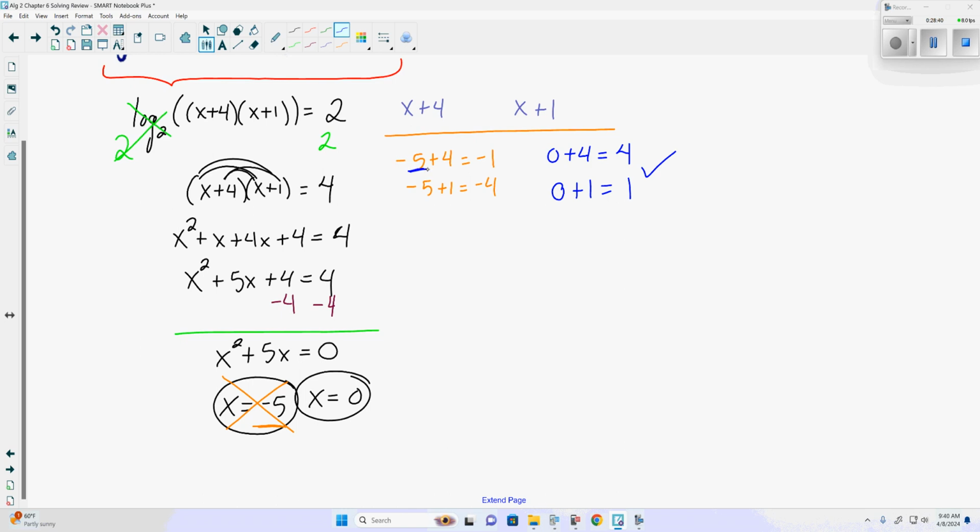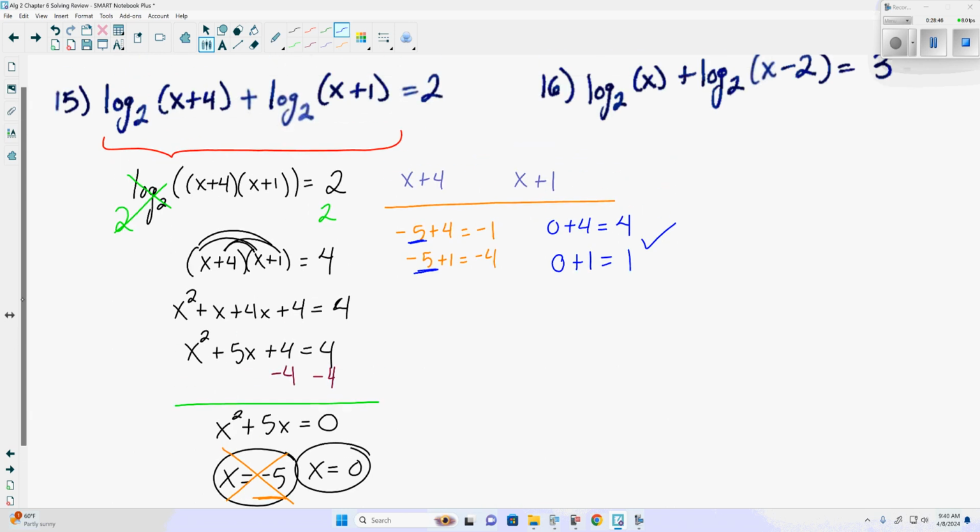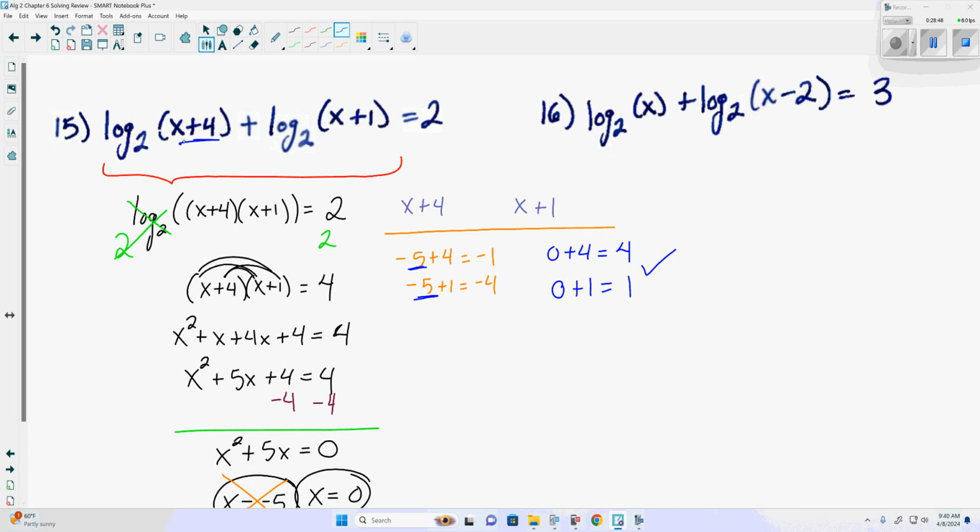Because the x value that we got for the solutions, one of them was -5. So I went back to the top here, and in both of these places, I plugged that value in for x. So -5 plus 4. What it told us is that we have log base 2 of -1 plus log base 2 of -4.